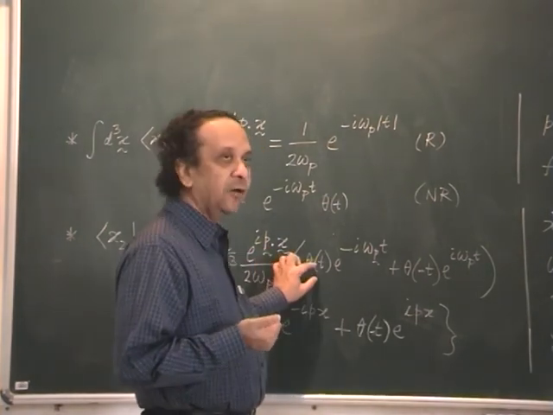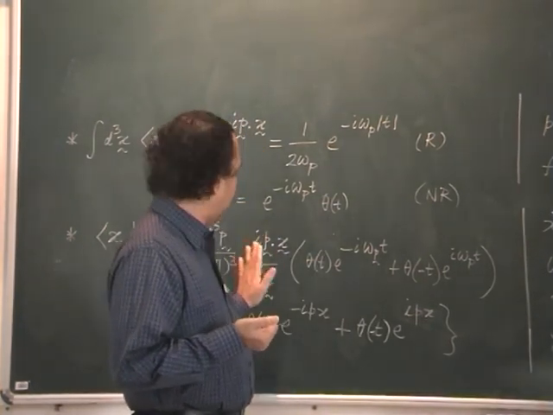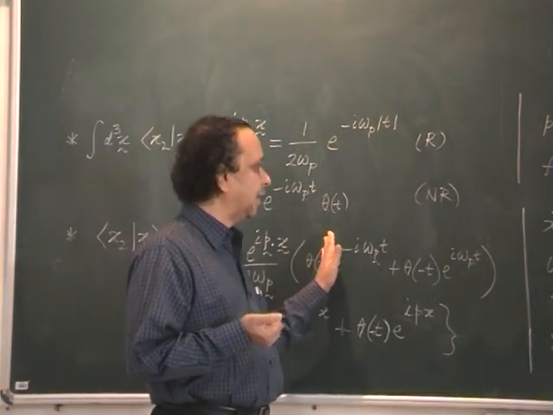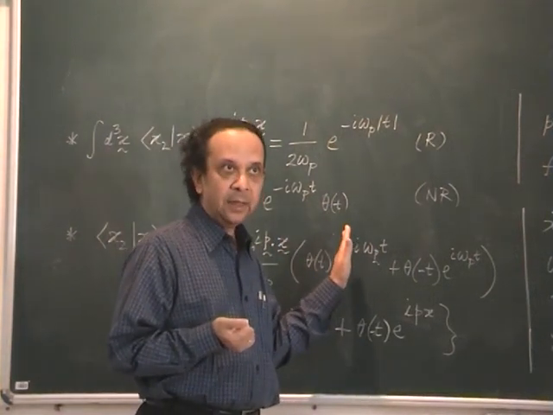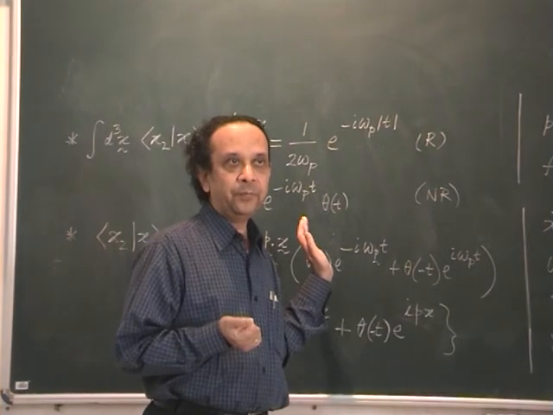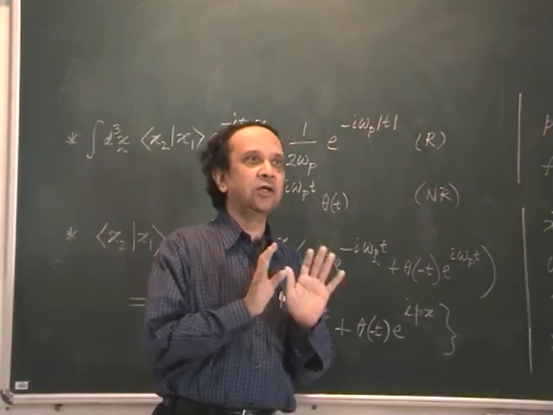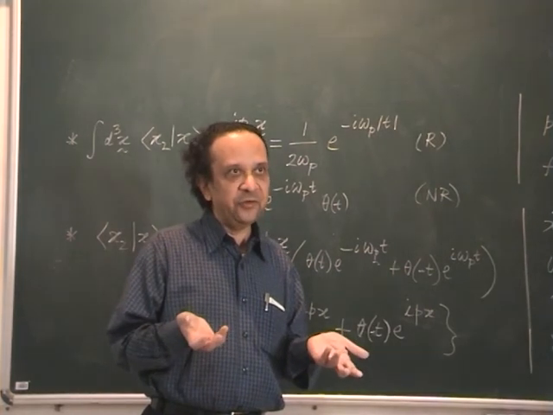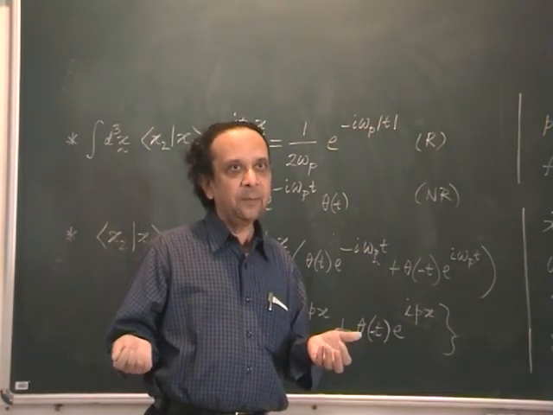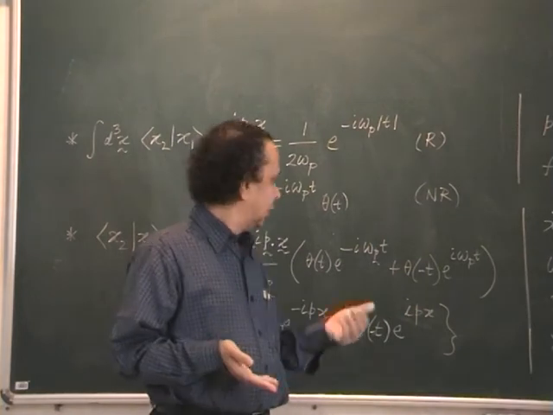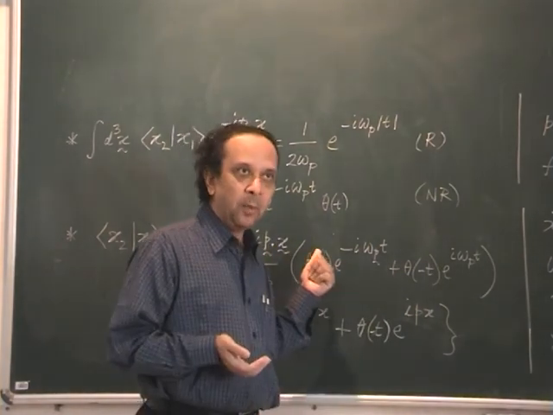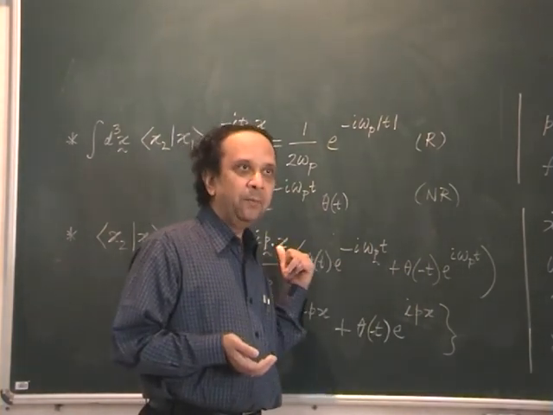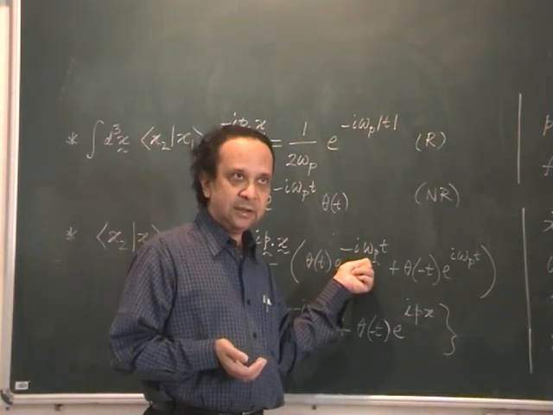If I just think of t greater than 0, then what I get is e to the i p dot x minus i omega t integrated over d3p. And this is a very nice and natural quantity for me to have, because just from non-relativistic physics, if you start with a particle which is propagating, if I decompose it into momentum modes, the momentum p will come with an energy which is equal to this.